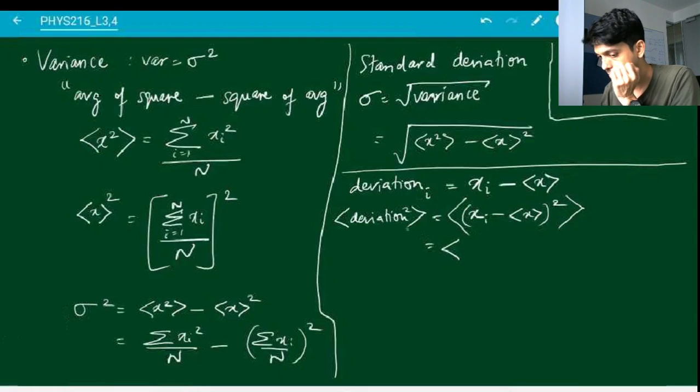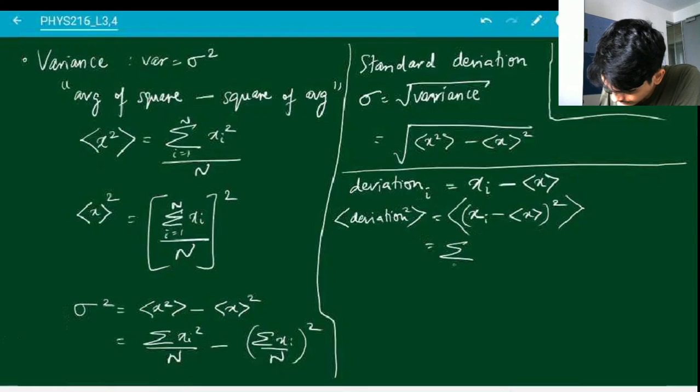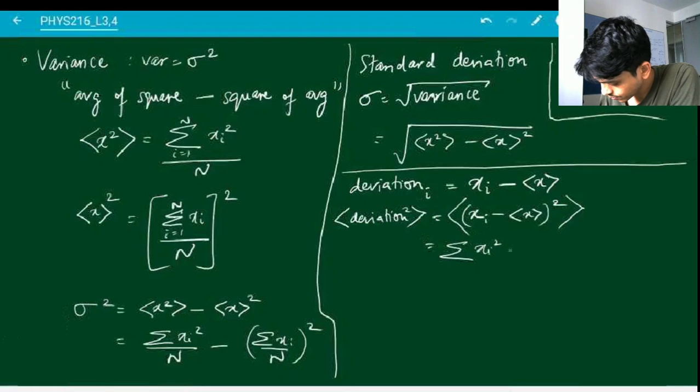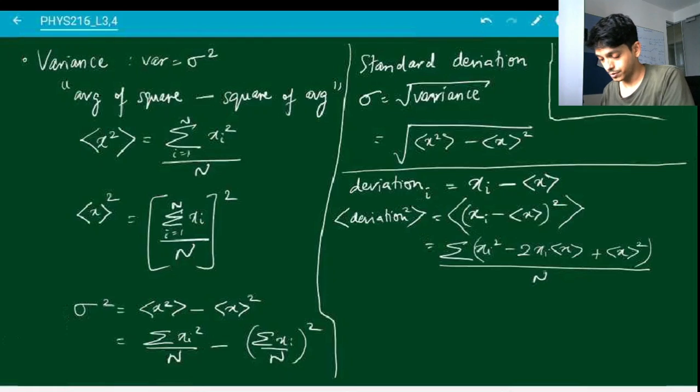Correct. So this is the summation of xi squared minus 2 xi x-bar plus x-bar squared, divided by the total number of points, n.